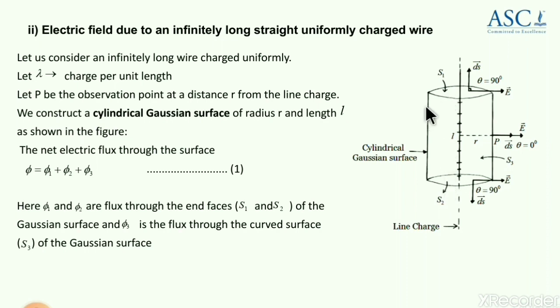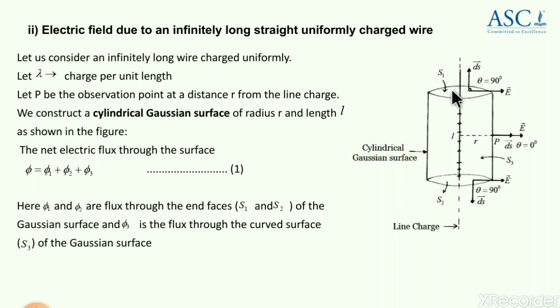By definition, you know that electric flux is equal to summation of E ds cos theta, and theta is the angle made between the normal to the surface we have chosen and the direction of the electric field. And see here, theta will be 90 degrees because to this surface S1, the normal will be exactly perpendicular to this surface.